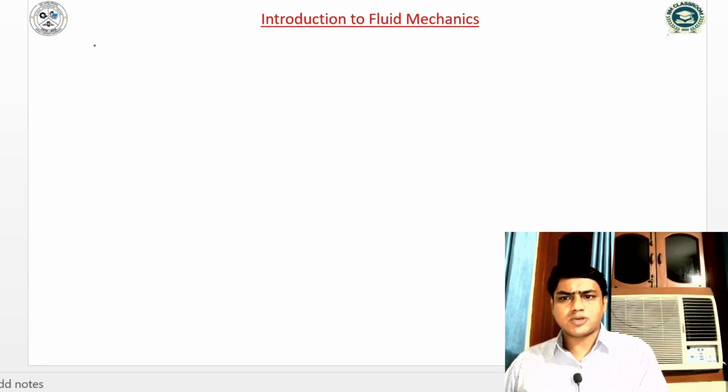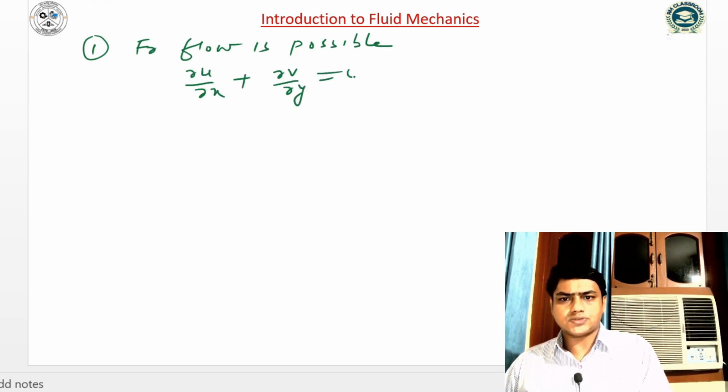For flow to be possible, it should satisfy the continuity equation, that is del u by del x plus del v by del y is equal to 0.